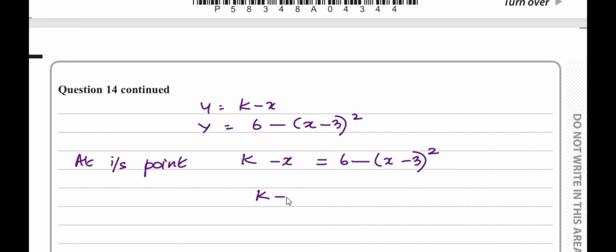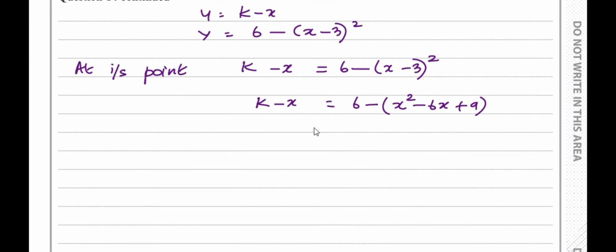Going further, this is k − x = 6 − (let's expand this out, put a bracket because this minus will play havoc) (x² − 6x + 9). Okay, simplifying this, k − x = 6 − x² + 6x − 9.